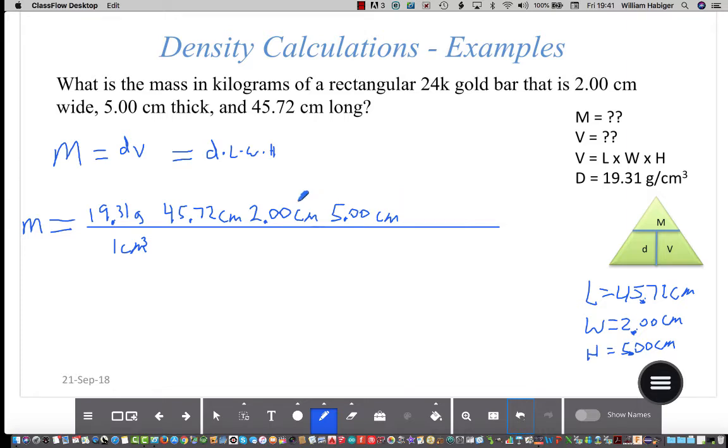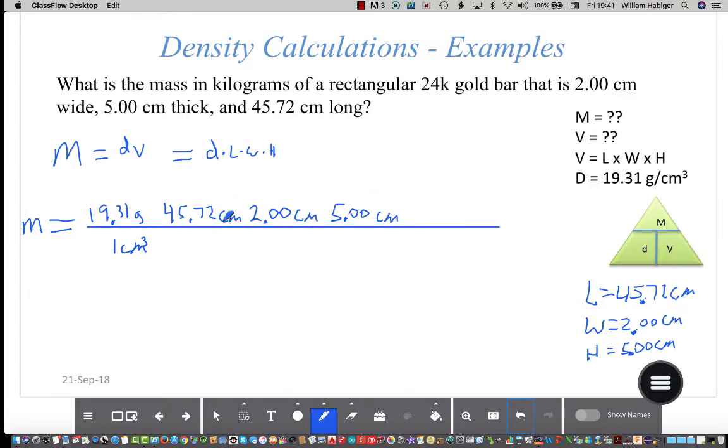And I know they go on top because, one, my formula says that we're multiplying by them, and also, in order for centimeters to go away, centimeters has to go on top. The centimeters cubed on the bottom is centimeters times centimeters times centimeters, and so if you know that, you can just automatically cross off those 3 centimeters.